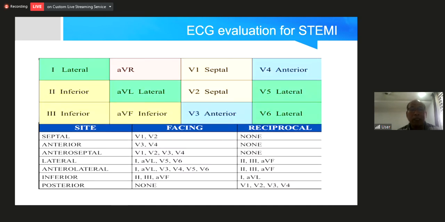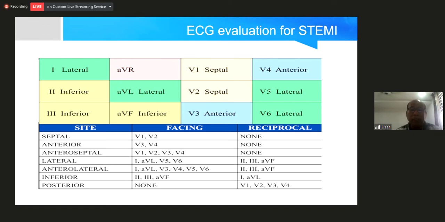How do you diagnose this? Lateral leads are I and aVL, and the aVF inferior leads are these. Then we have what we call reciprocal changes: if there is ST elevation, the reciprocal will be ST depression. It should be a mirror image between one and another, meaning the anterior's reciprocal will be the posterior, and the lateral's reciprocal will be on the right side.